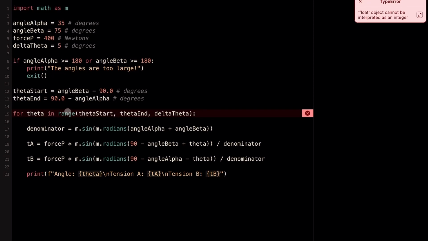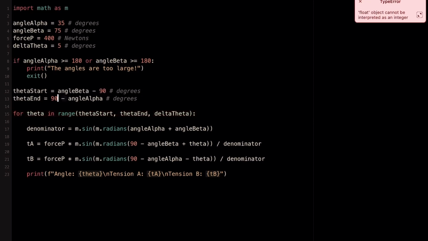So the problem here is that our theta start and our theta end are float values, and they are not integer values. That's because when we did the calculations for theta start and theta end, we did angle beta minus 90.0, and this in Python is interpreted as a float value. If I just got rid of the decimal point, this angle beta, which is 75, is of type integer, so if we subtract 90, then we get an integer value, not a float.